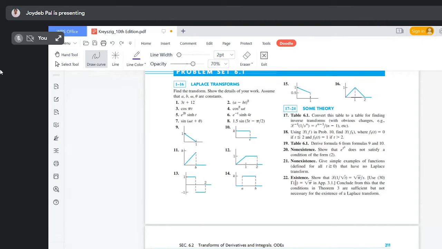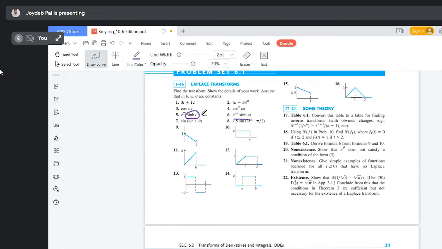Next, e to the power 2t sine hyperbolic t, and e to the power minus t sine hyperbolic 4t. For these two problems you can apply the shifting theorem, or it can be solved directly without applying it. If you want to solve it directly, then you write the formula for sine hyperbolic t.